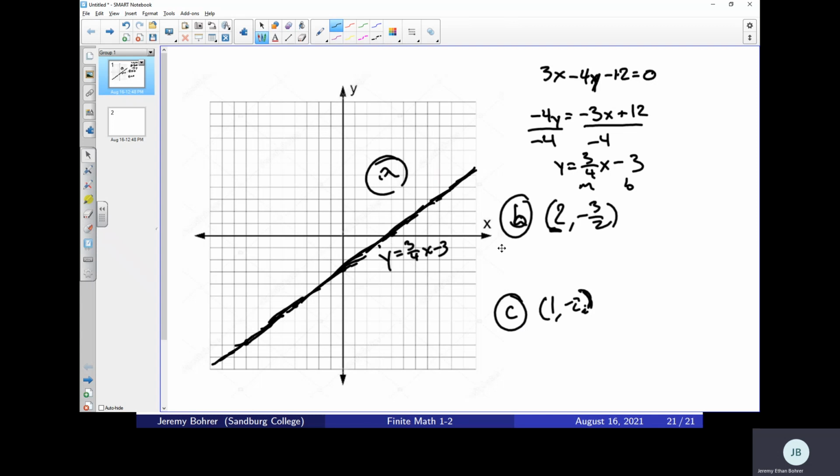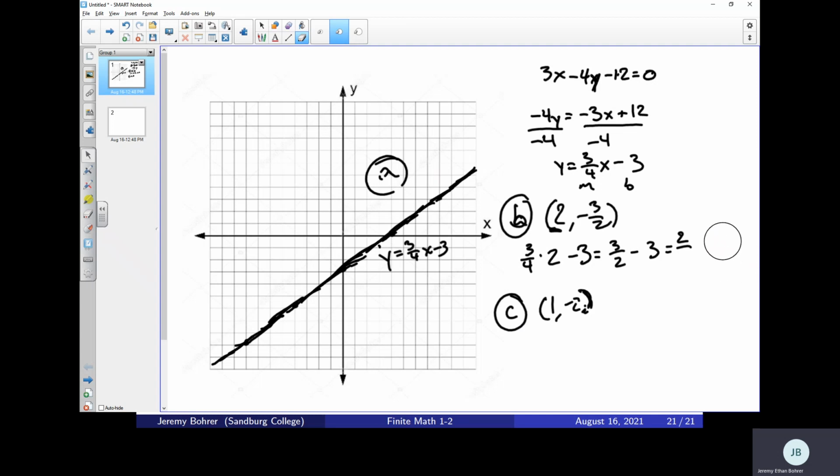If I take 3/4 and multiply that by 2 and then subtract 3, I get 3/4 times 2, that is 3/2. I'm sorry, I keep writing these numbers wrong.